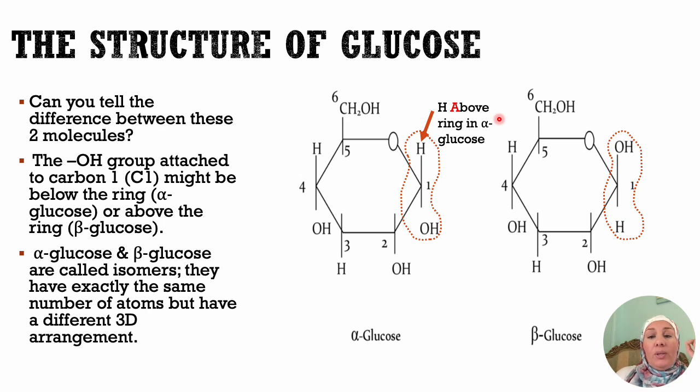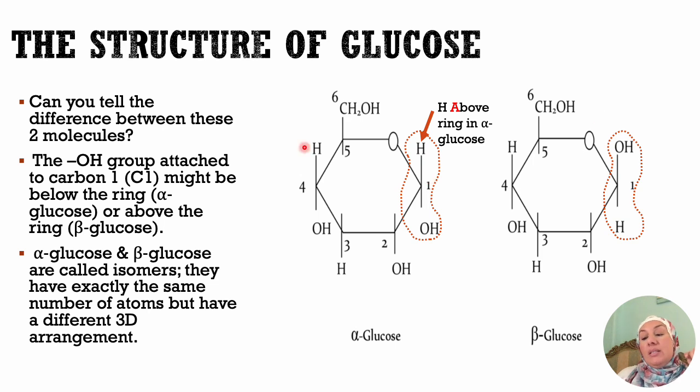So it doesn't matter anyway, but you have to know if you're drawing the ring and someone asks you to draw the alpha glucose, then you will draw it when carbon 1, the hydroxyl group is pointing downwards and the hydrogen is pointing upwards. So if hydrogen is above the ring, this is an alpha glucose.